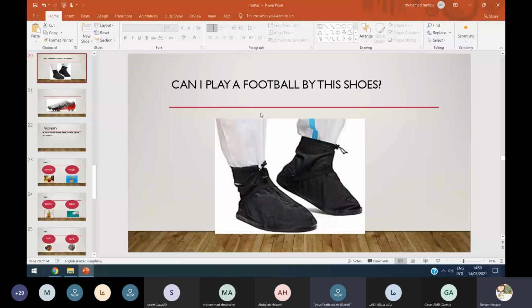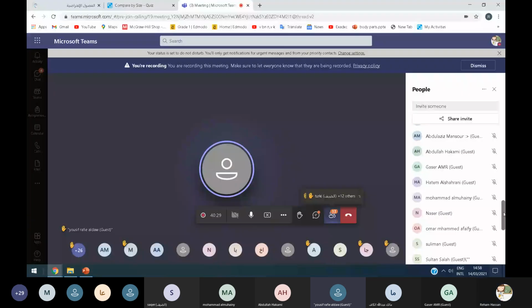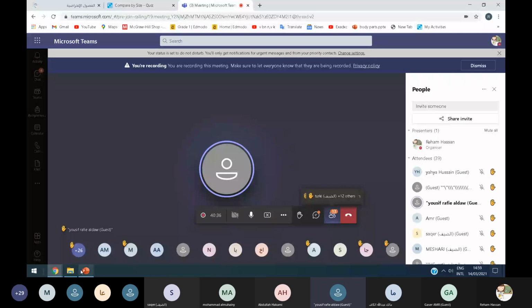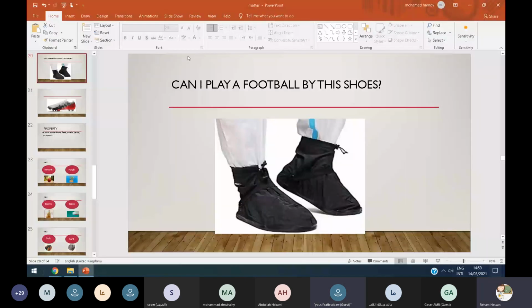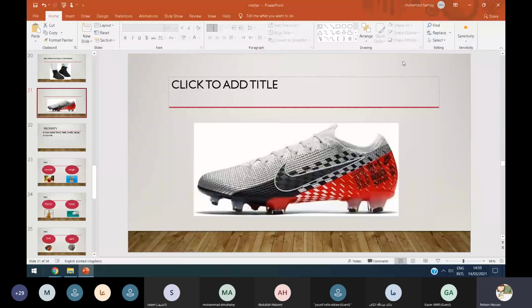For the football? It's not acceptable for football. Okay, so look here. It is also for the rain, but can I play football with these shoes?